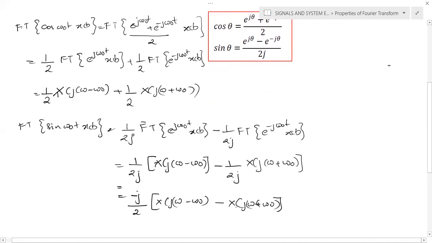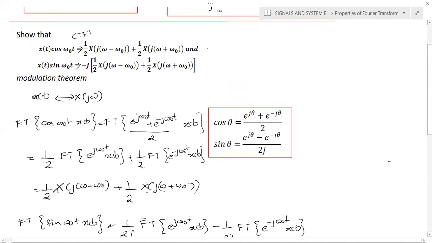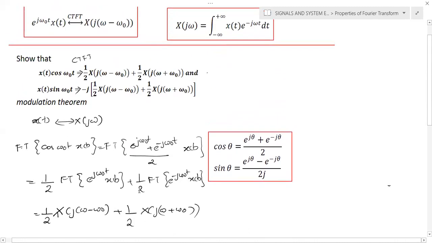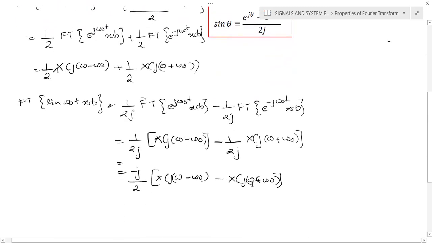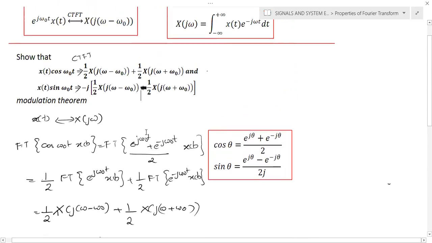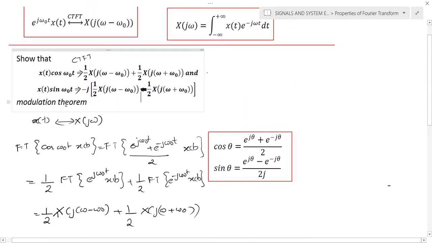There is a small correction in the question. It's actually written minus j x of j omega minus omega 0 plus, but it's actually minus here. Otherwise, if you multiply with minus, then x of j omega plus omega 0 will be the first term. That's the only difference, so please correct this particular question.